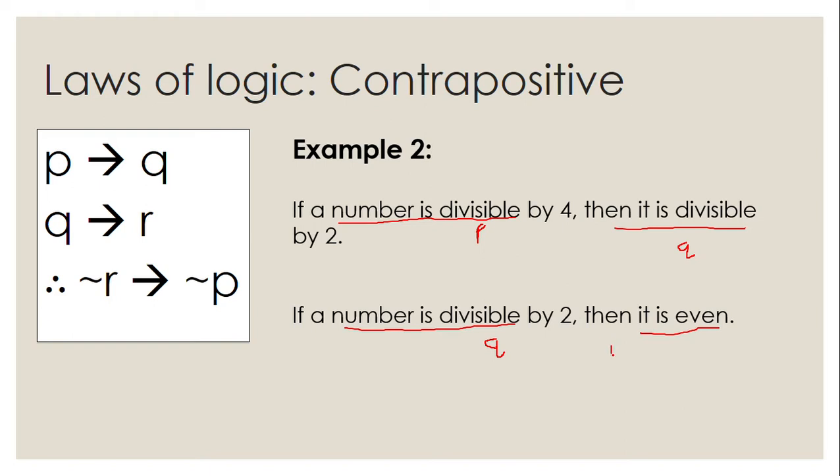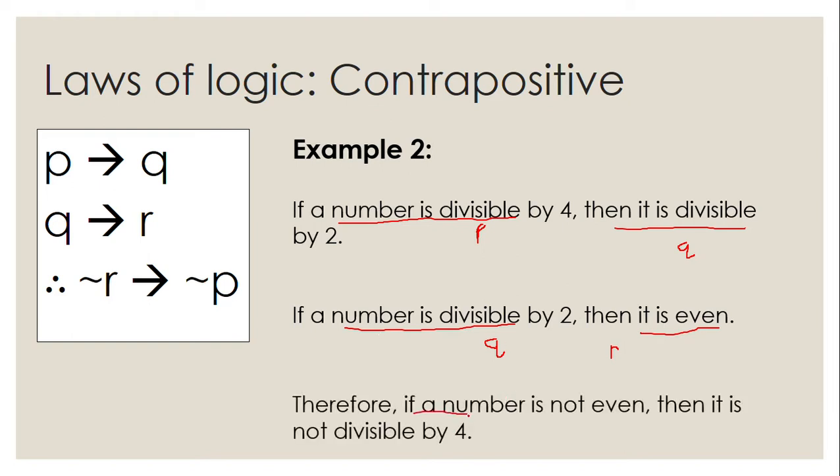New idea, so we're going to call that R. Based on the law of contrapositive, we can conclude then that if a number is not even, so that's not R, then it is not divisible by 4, so that's not P. See, we're kind of doing the opposite of the last one and the first one.